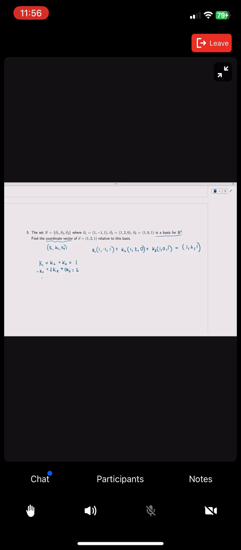I know we already got some practice with row reduction, so I'll leave this for you to row reduce this matrix to find those. I'll just tell you what you'll get, and of course you can easily check your answer, because you should be able to put the numbers in and get the vector on the other side.